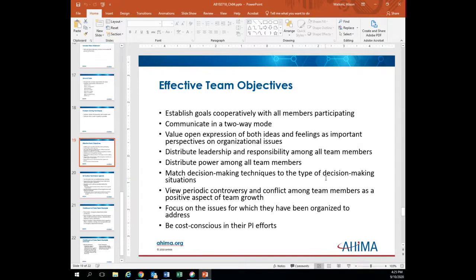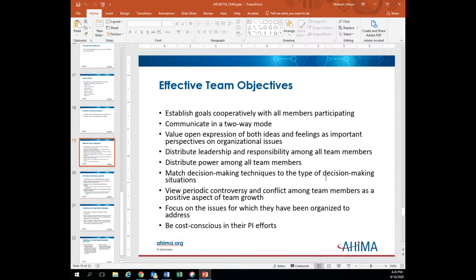So, establishing their goals, communicating in a two-way mode, valuing open expression of both ideas and feelings, distributing leadership and responsibility among the team members, distributing power among all team members on the basis of information, ability, and contribution to active teams, and not on the basis of members' place in the formal organization structure, matching decision-making techniques to the type of decision-making situation, and usually making important decisions through consensus, meaning that the group as a whole agrees on the appropriate action.